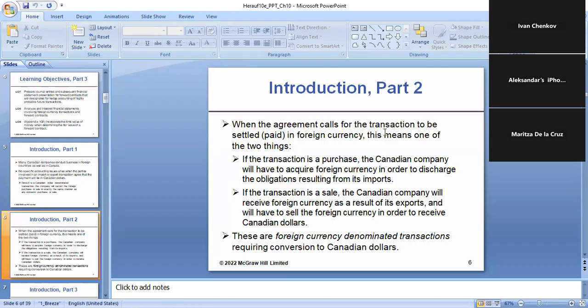Once we have a foreign currency denominated transaction, that means we're dealing with foreign currency that has to be converted one way or another into Canadian dollars. Either we need the foreign currency to pay the vendors, so we convert Canadian dollars into the foreign currency, or we receive the foreign currency, which has to be converted into Canadian dollars.